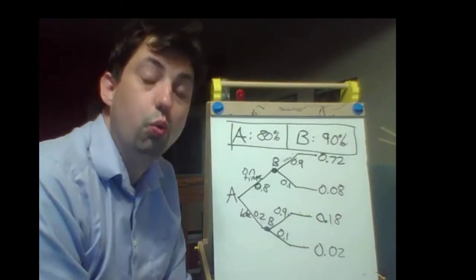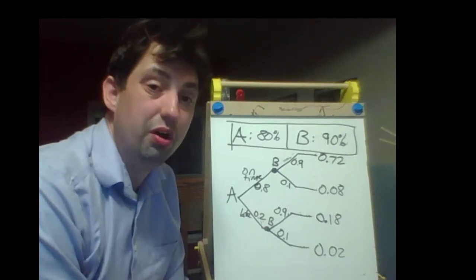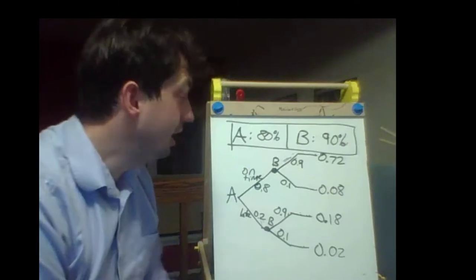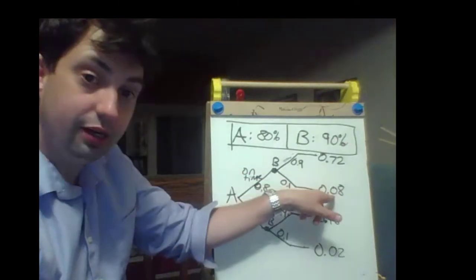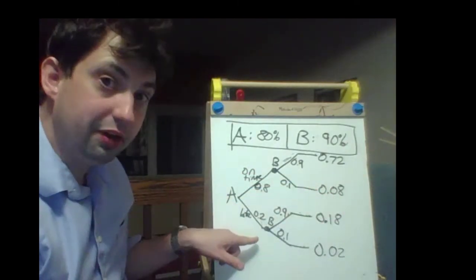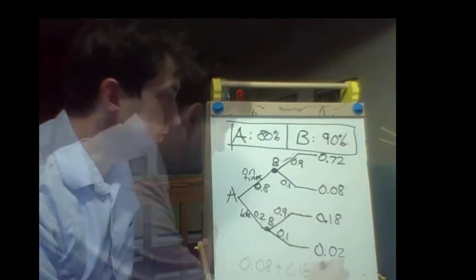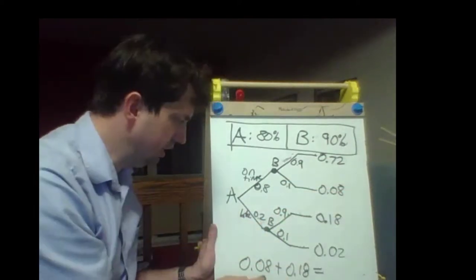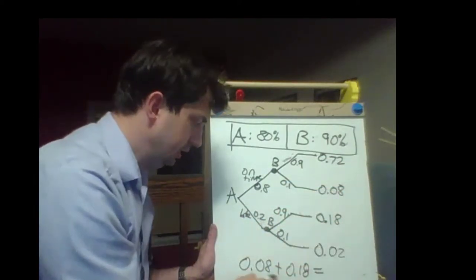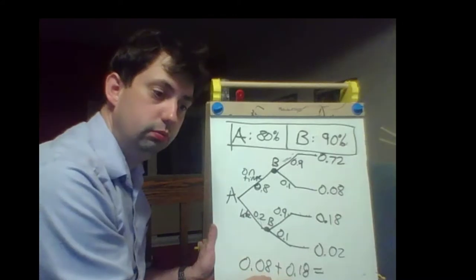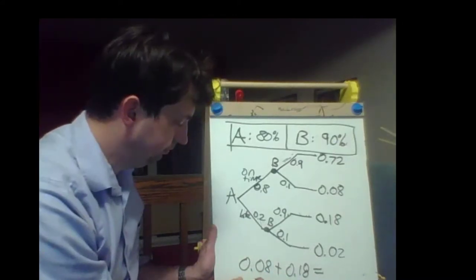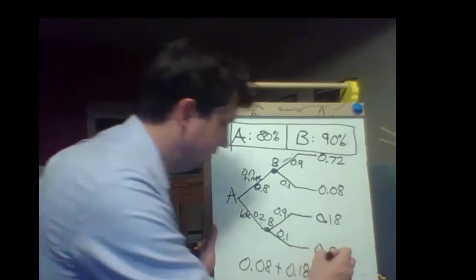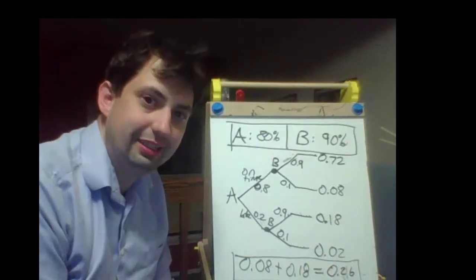Now we can ask ourselves, what is the chance of getting exactly 1 on time? Well, there are 2 ways to get exactly 1 on time. A comes on time, but B does not. And A does not come on time, but B does. Scenario 2, if you want to call it that, plus scenario 3, this happening or this happening, gives us 0.26.